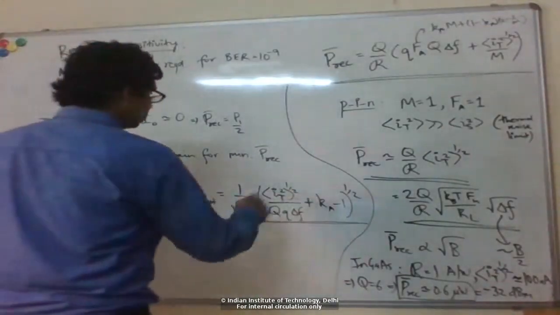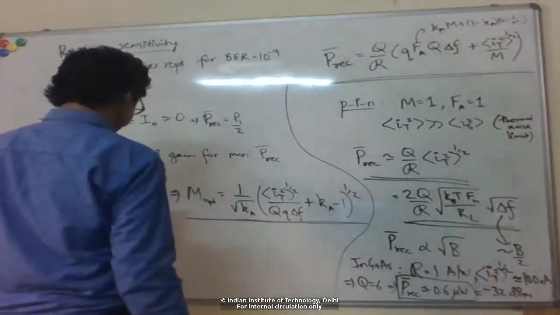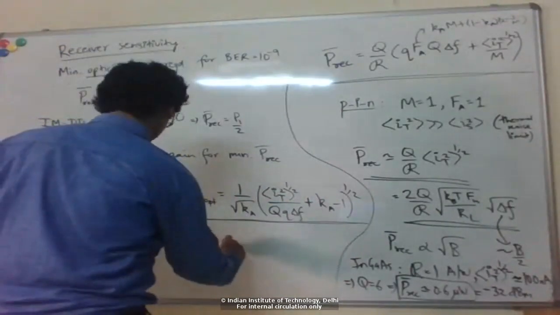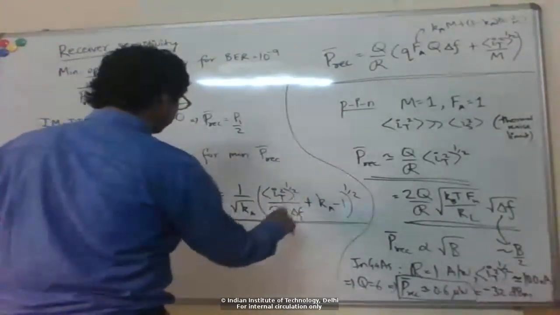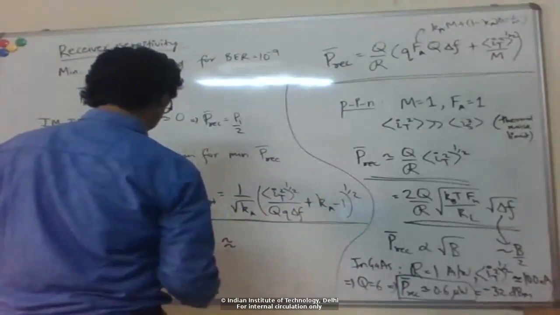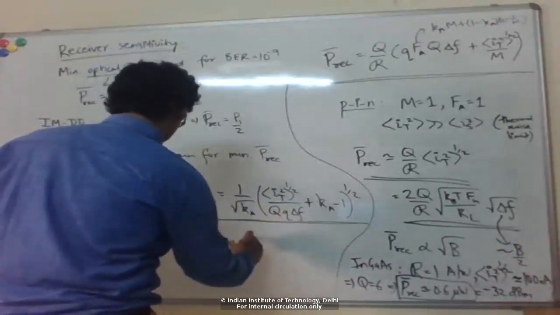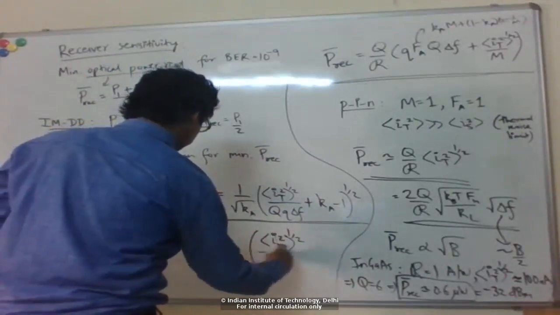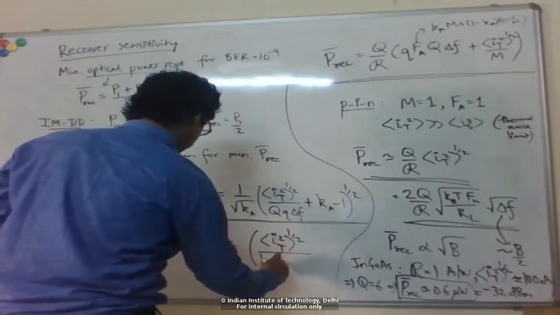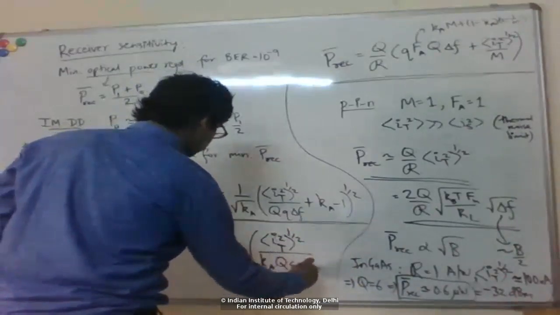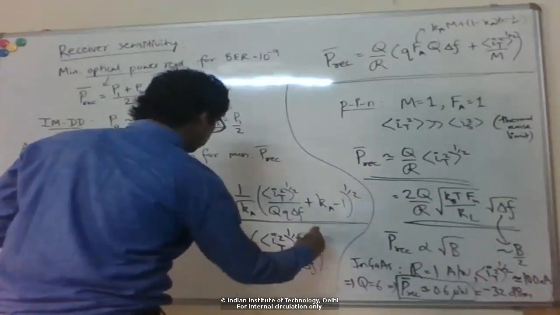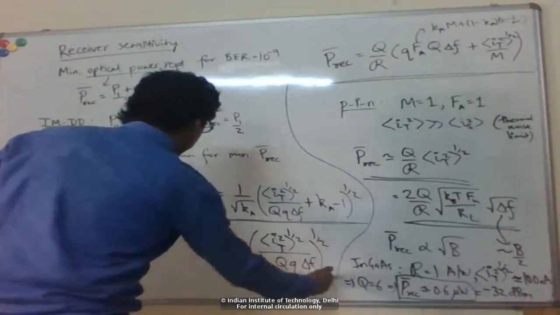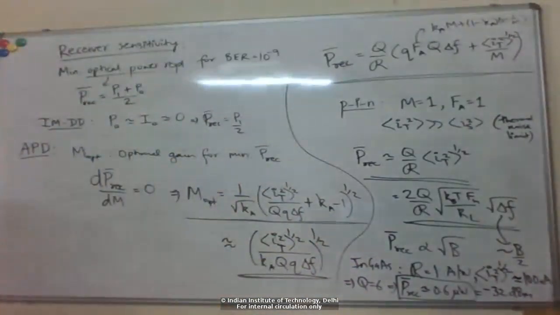So if you take again typical values of things here, basically this term turns out to be bigger than the other terms, so we can just write this as this.